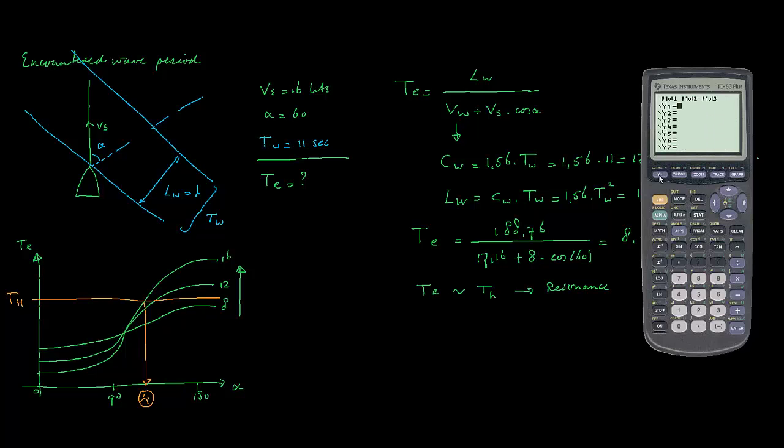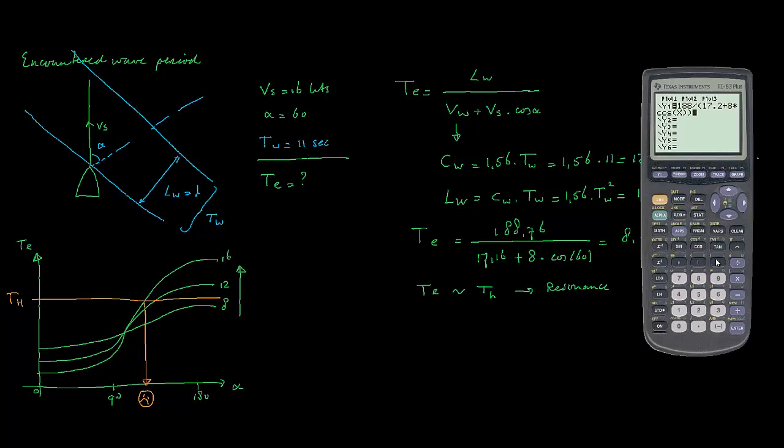So let's define the encountered wave period. I take 188, you should put in decimals, but I will not do it here, divided by 17.2 added by, in our case a speed of 8 meters per second times the cosine of the angle.